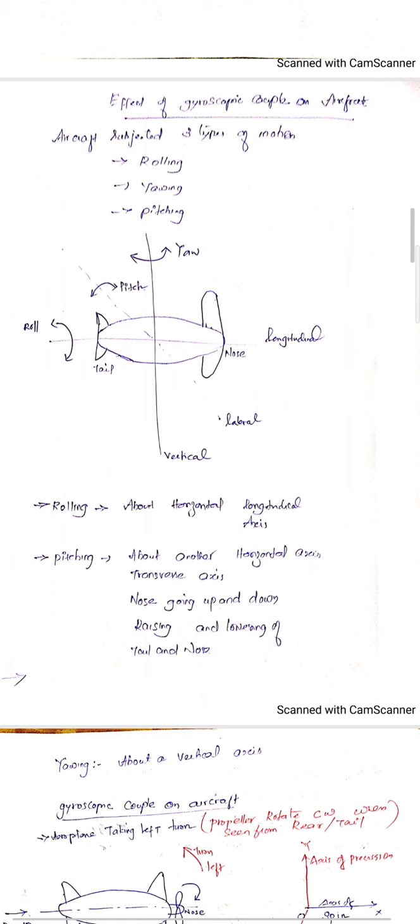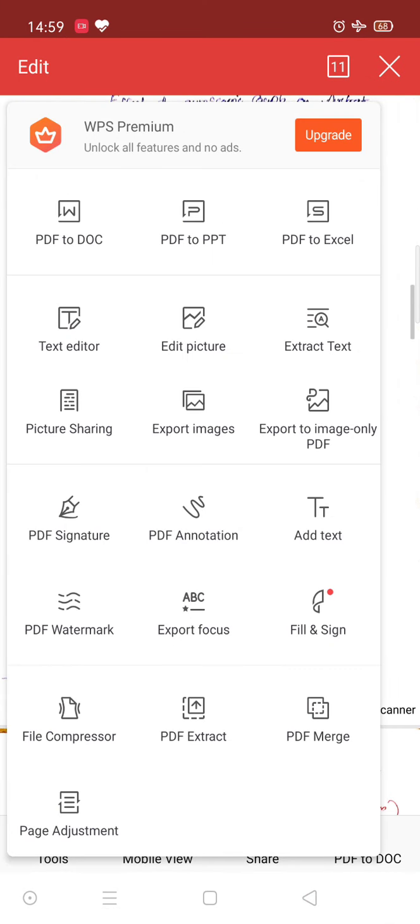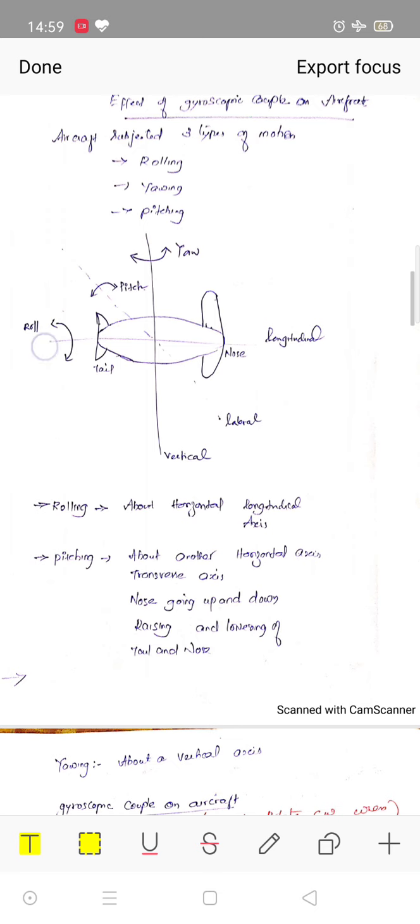So we need to know what this motion is all about, and based on that we will discuss the effects of gyroscopic couple on aircraft. There are three axes. First, there is a horizontal longitudinal axis.